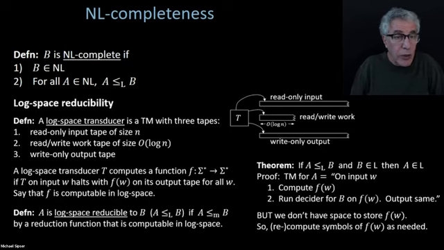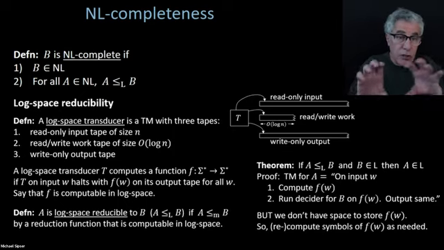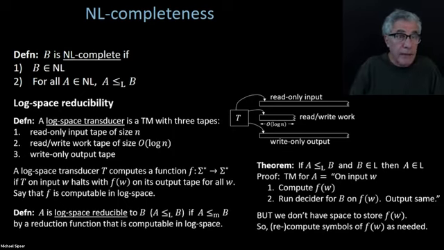The input tape is read only. The output tape is write only. So even if the output is just as big as the input, it just doesn't help you. If the output is only log n, okay, then we could do it, but that's not going to be interesting for us. For these log space reductions, you're going to need big outputs, as we'll see in a minute.